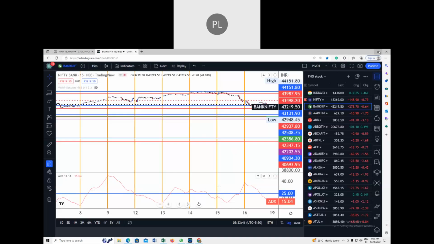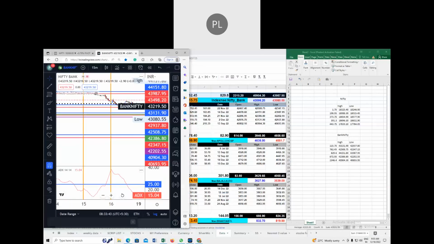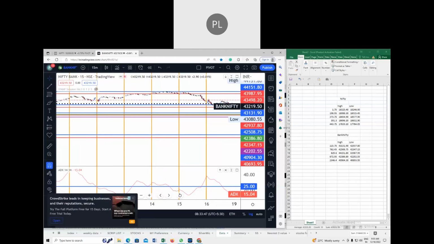I have already marked these lines for you so that it doesn't become a problem. It will be very easy for you to identify. Now if you can see here, we have marked 44151.80 and 43987.95. Similarly, we have marked 43498. Sorry, 43498 is the previous day close.